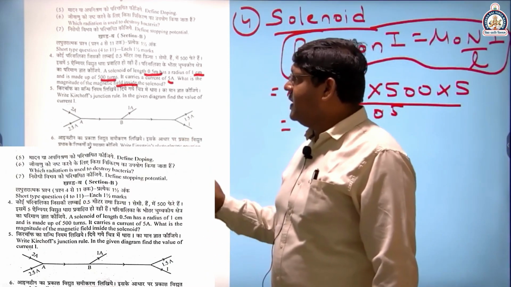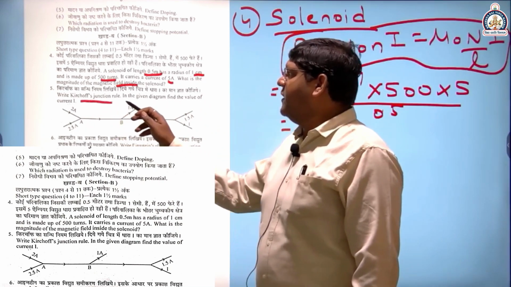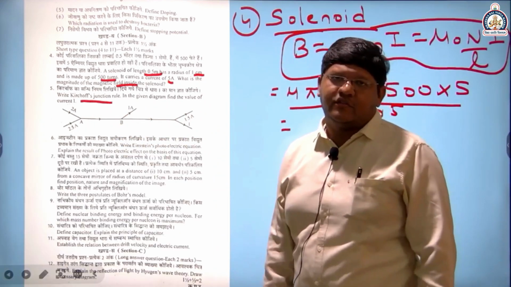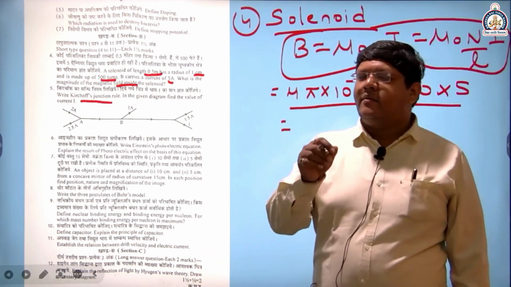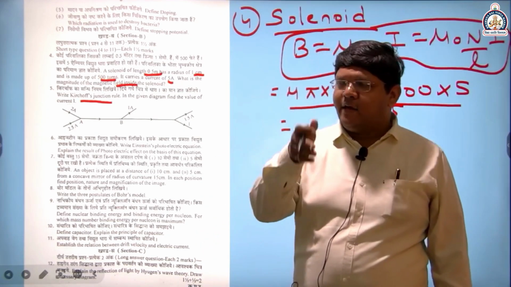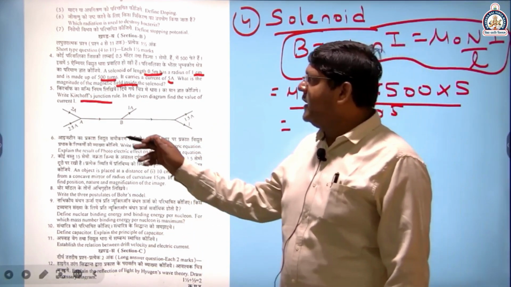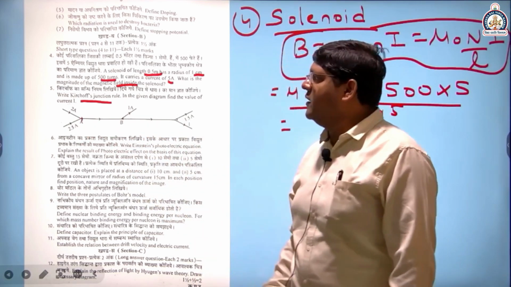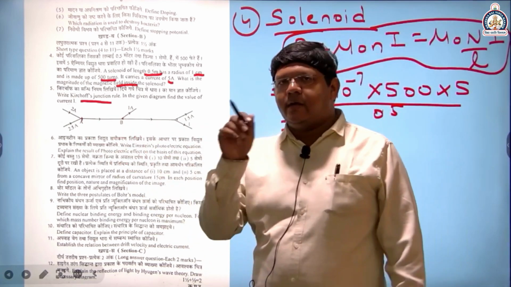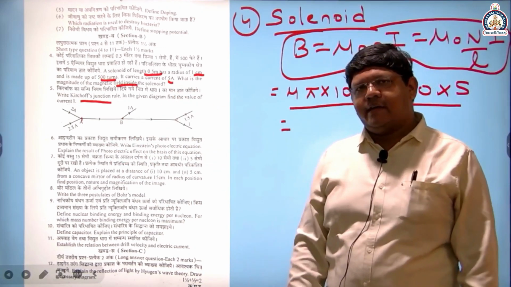Moving to the next part, the next question is related to current electricity. Write Kirchhoff junction rule. Kirchhoff junction rule is the other name for Kirchhoff current rule. The algebraic sum of current entering any node must be equal to the current leaving the node. Suppose this is node A, this is node B and this is node C. At A, the incoming current is always taken as positive and the outgoing current is always taken as negative.